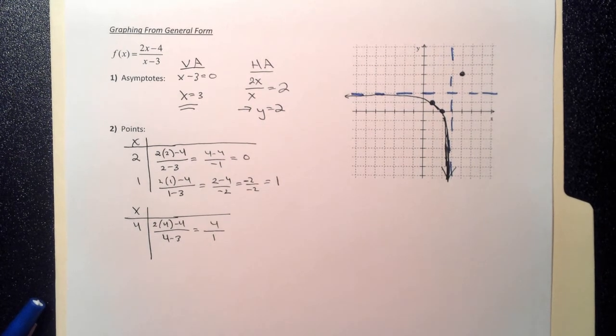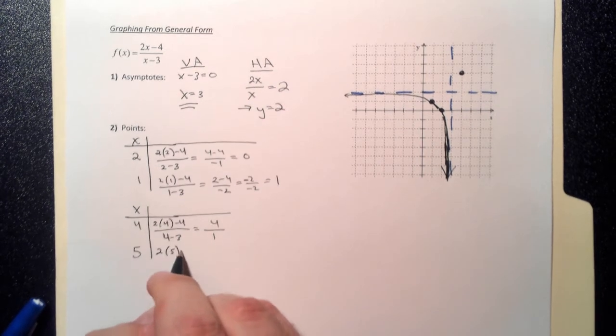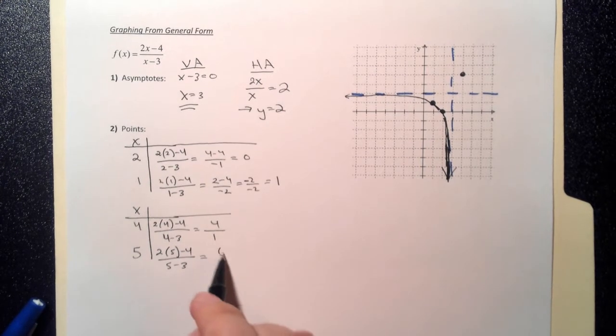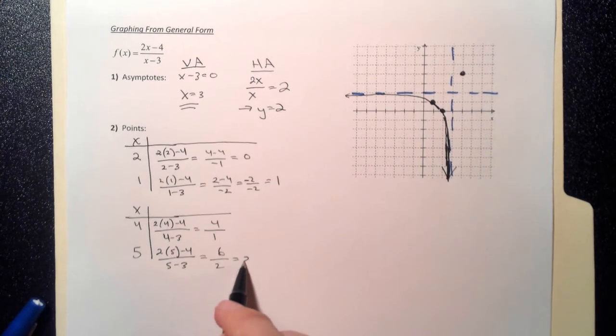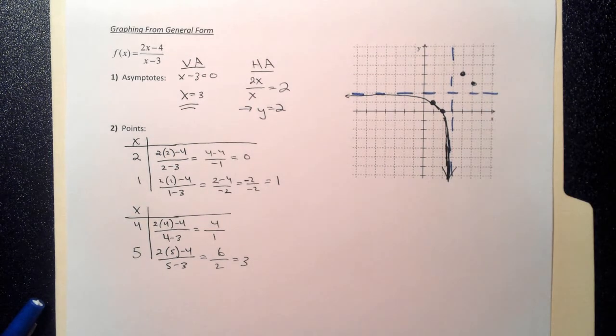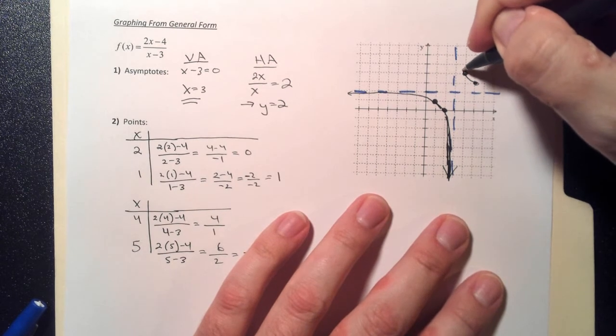You can always just plug in numbers, though. So if I put in 5, I'll have 2 times 5 minus 4 over 5 minus 3, so that's 10 minus 4, which is 6, over 2, which is 3. So I see this thing right here. And again, I will connect it and draw it getting close to the asymptotes.